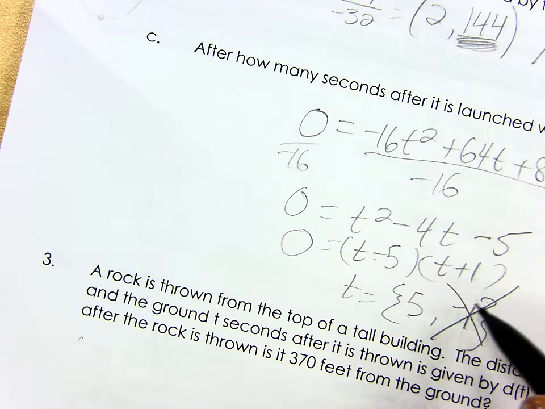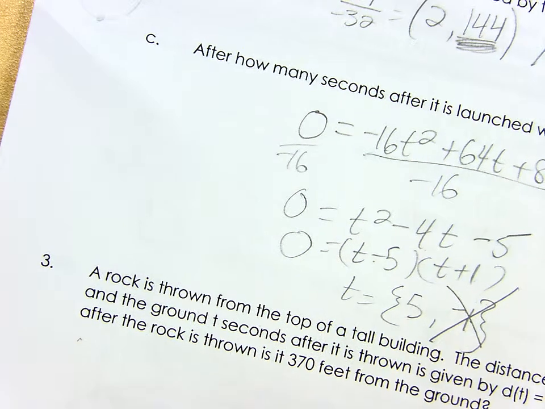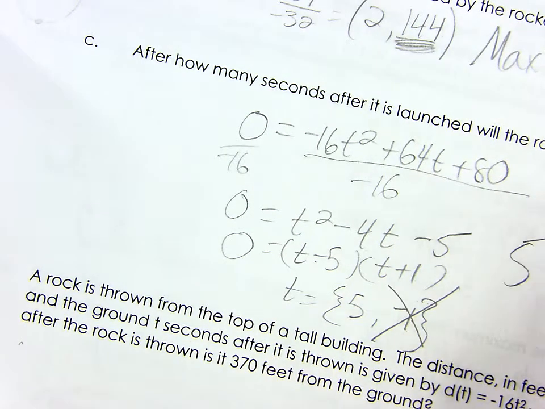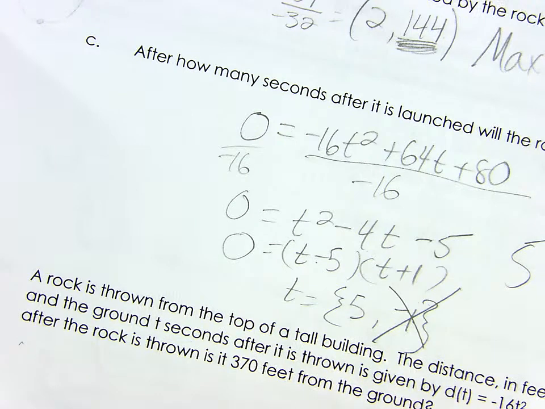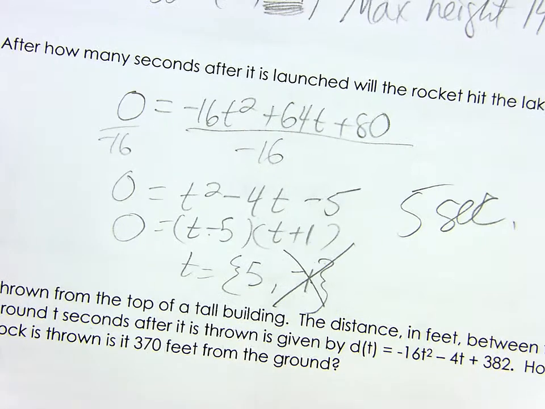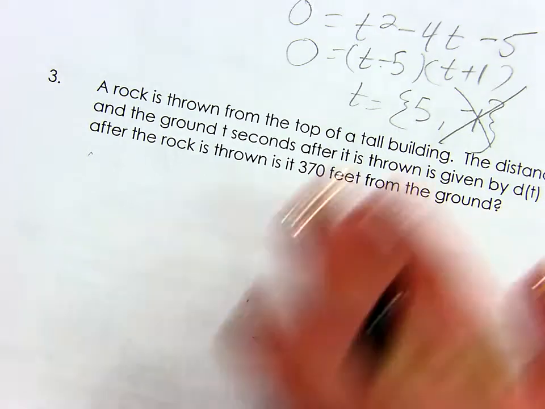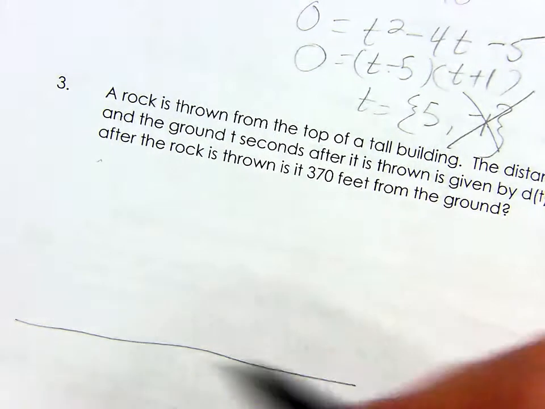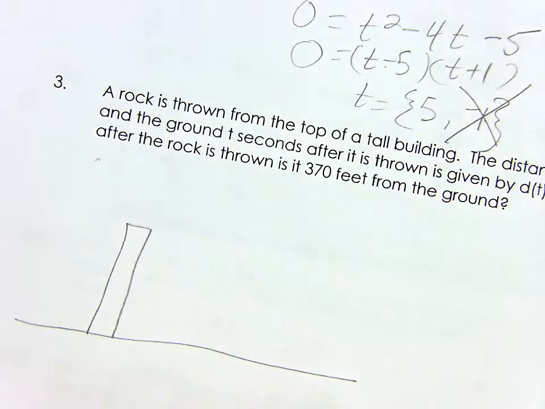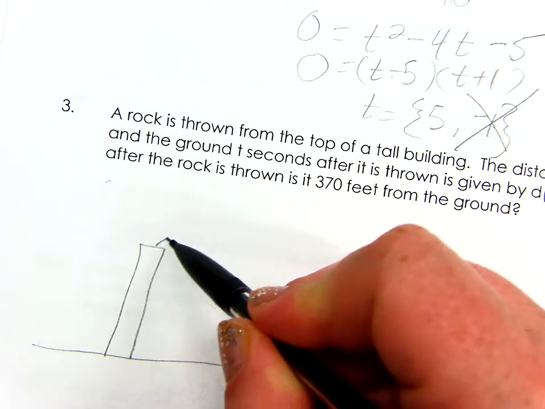Here, I'm waiting one because the fence to the summer. So I said this answer. Is that a problem you do? Shut that wall. Rise from the building. The distance between the rock and the ground, there's blah blah blah. And the rock is 307 feet from now.